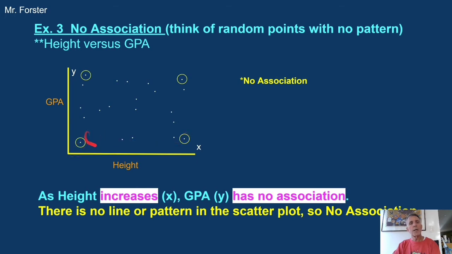That doesn't mean they're not smart. And there's short people that have a high GPA, and everywhere in between. So as height increases from left to right here, there is no association with GPA. There is no line or pattern here. We couldn't really put a line anywhere. So we call that no association.